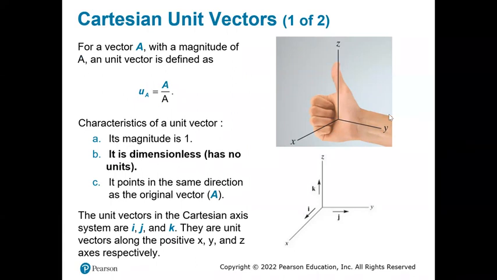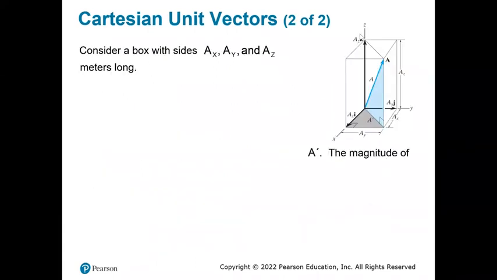Okay, so let's look into the next slide. In this slide, we'll consider a box with forces Ax, Ay, and Az. These forces are acting in our X, Y, and Z directions respectively. So how can we represent our vector A?